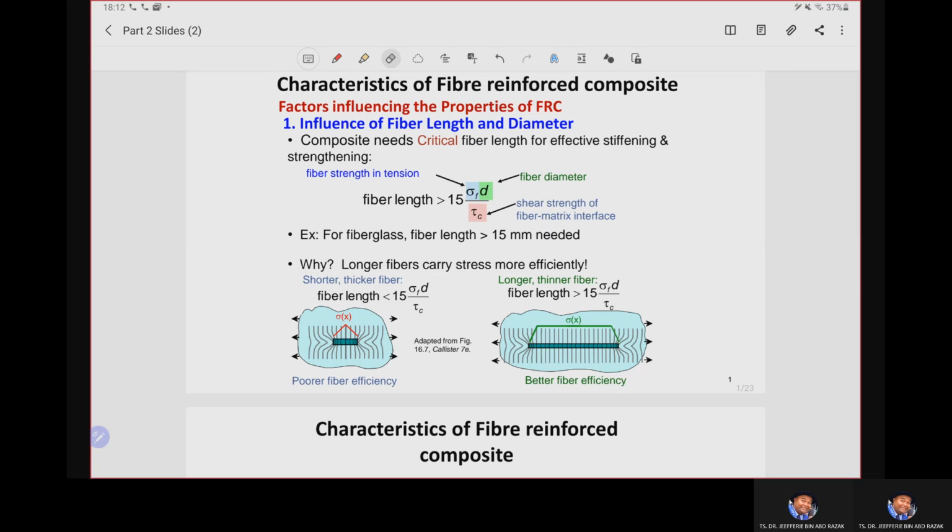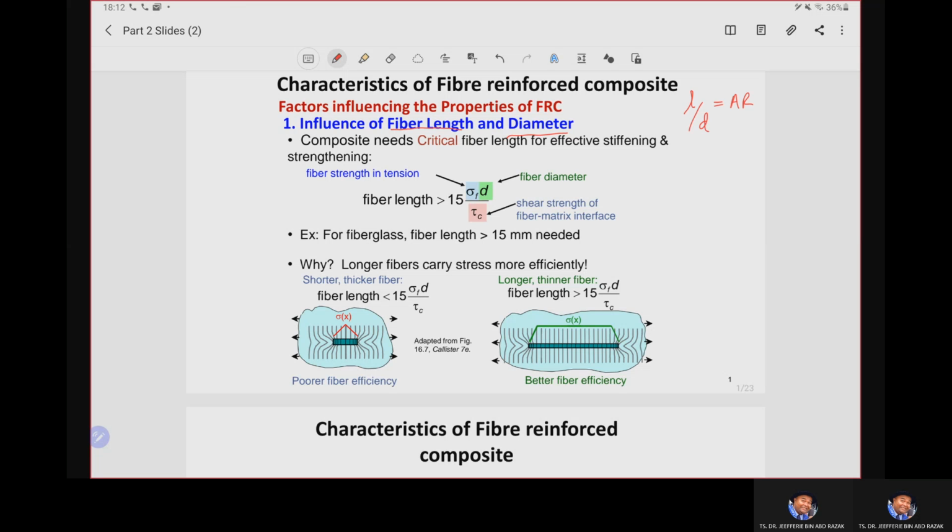So let us first discuss our first factor related to the influence of the fiber length, the fiber length here and the diameter of the fibers. As you can recap from the previous part 1, we already learned about the L over D, the aspect ratio.